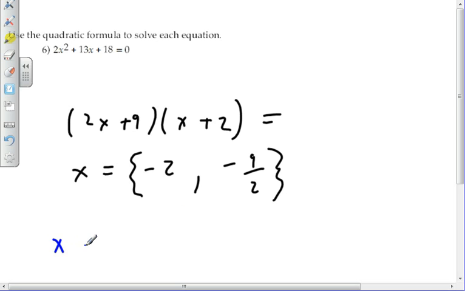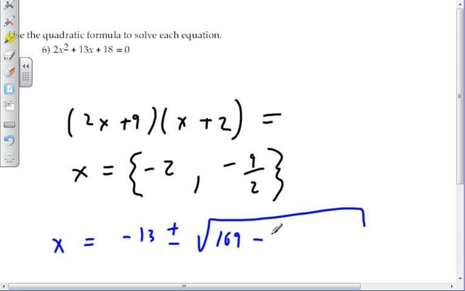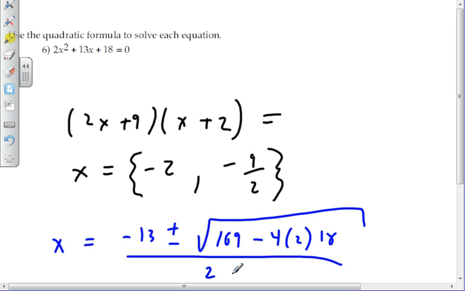Using the quadratic formula: minus 13 plus or minus the square root of 13 squared minus 4 times a times c, divided by 2a.